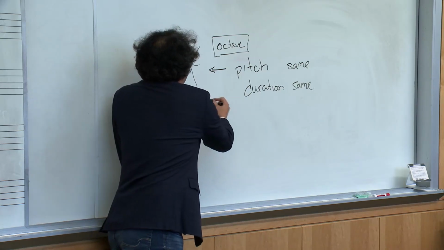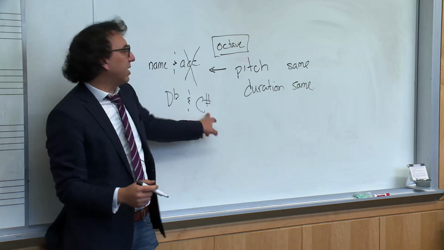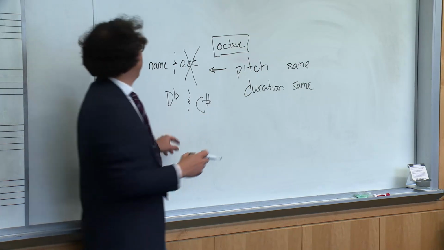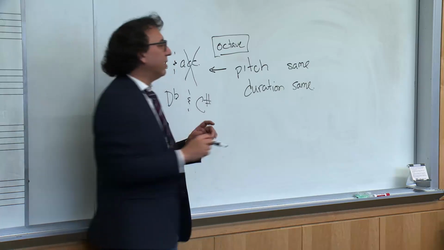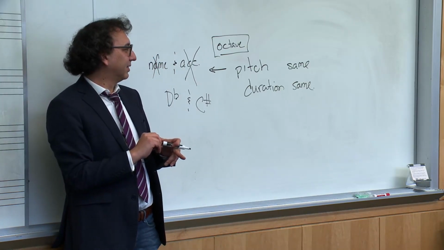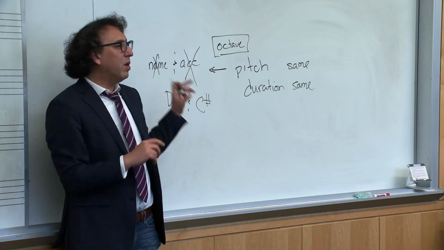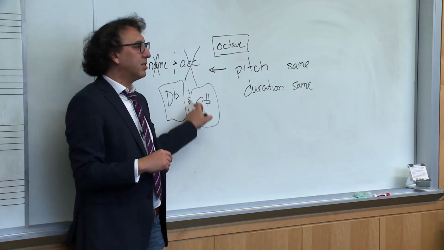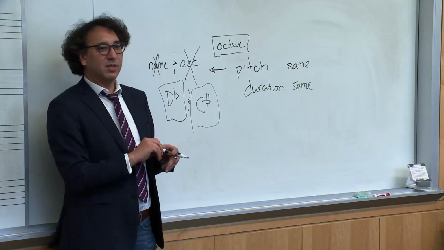Great. So in this case, not only is the accidental different, what else is different? The name. Good. So what can we put instead for that? What's a representation that allows these to be equal?